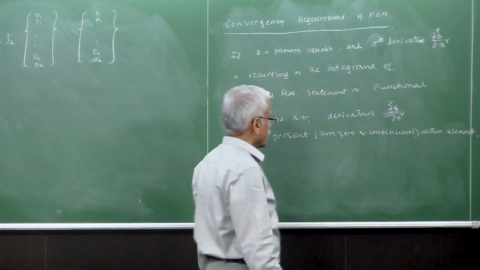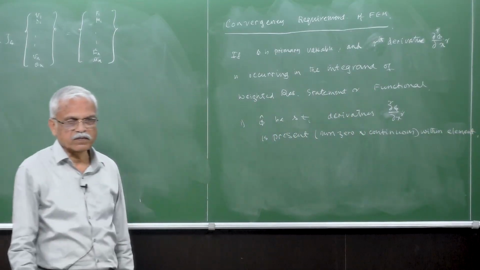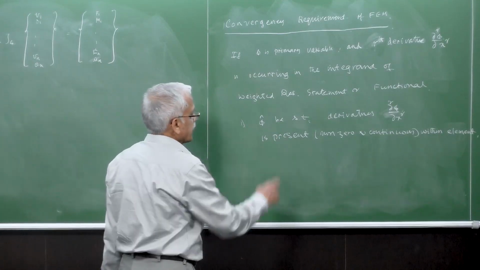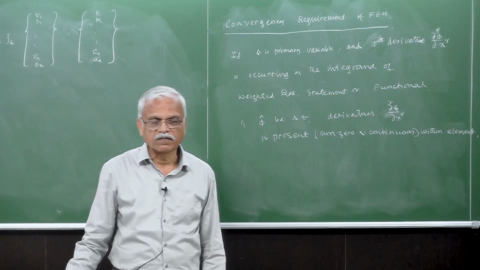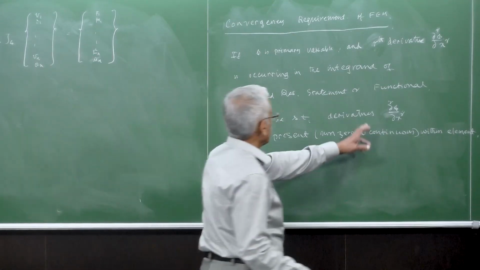So this is the first one. That means that your approximation phi hat is such that the rth derivatives are present.